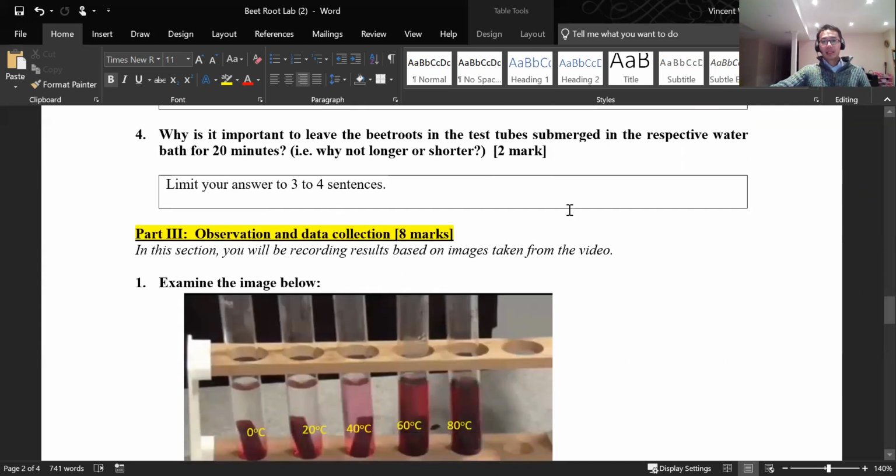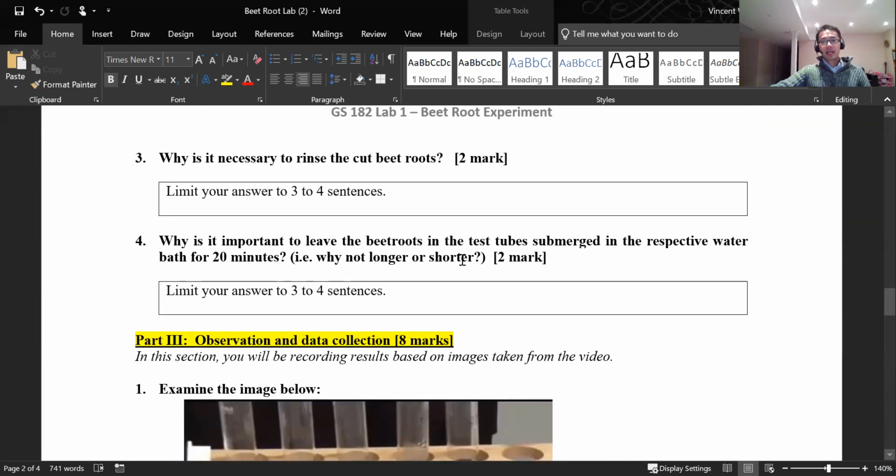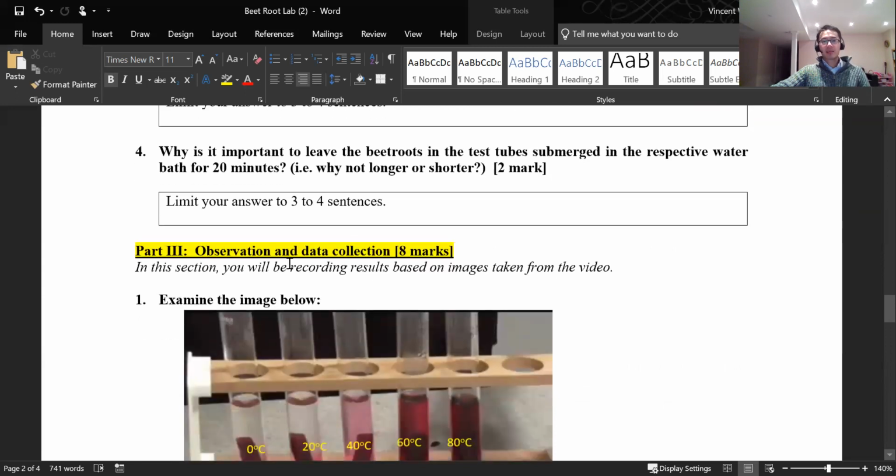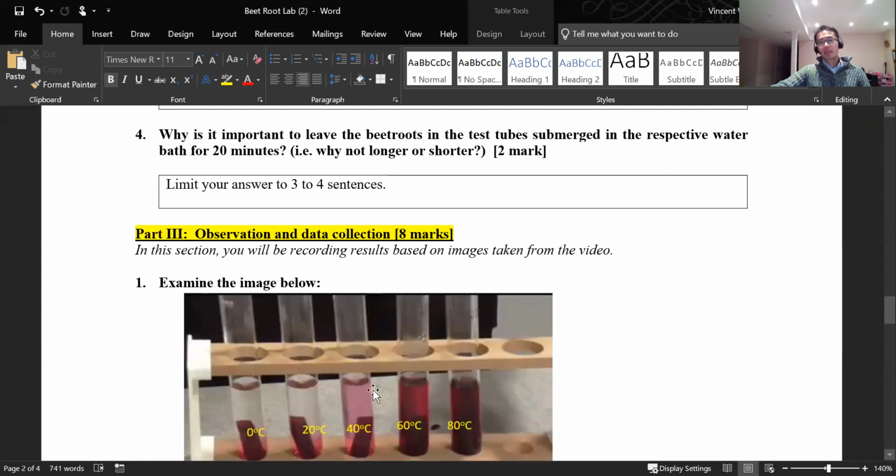This one, all right, to get 4 marks, you really need to tell me why not longer than 20, why not shorter than 20. If you do it for shorter, it's likely that you are not going to see a very big difference. If you do it for 10 minutes, for example, there's not going to be as much contrast. It's going to be harder to tell the difference. They might all look very pale because the pigment doesn't have time to come out yet.